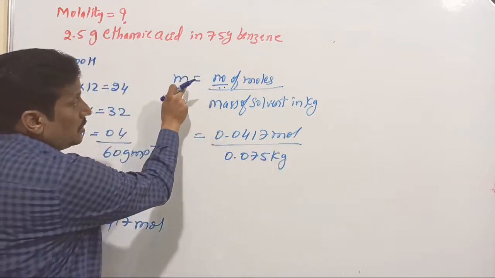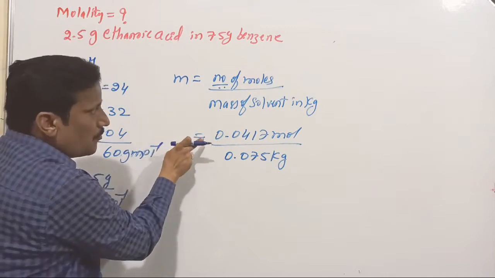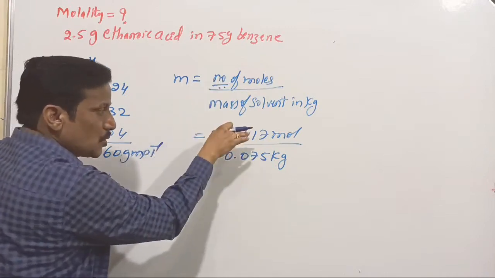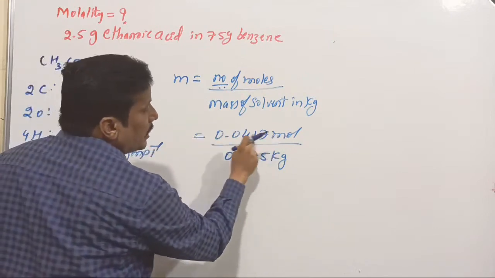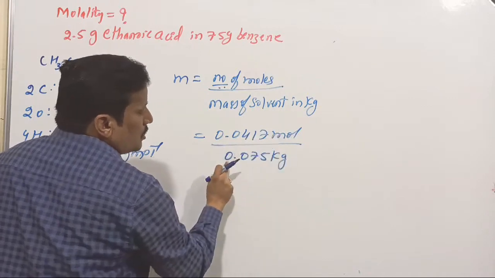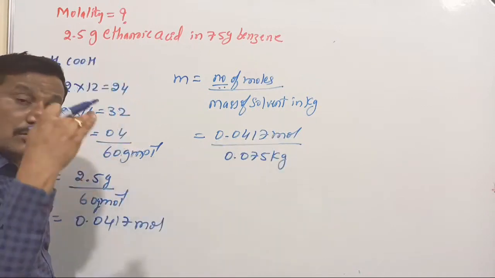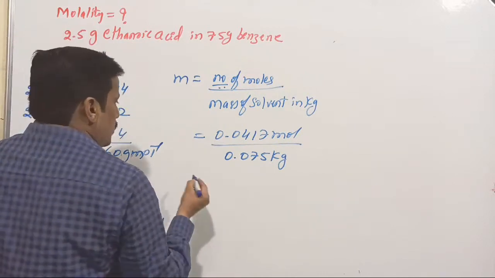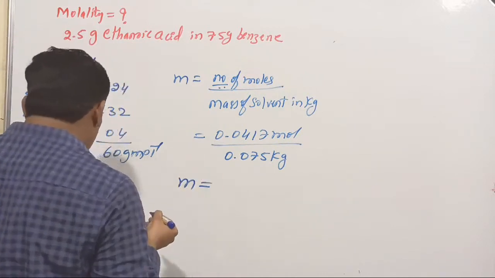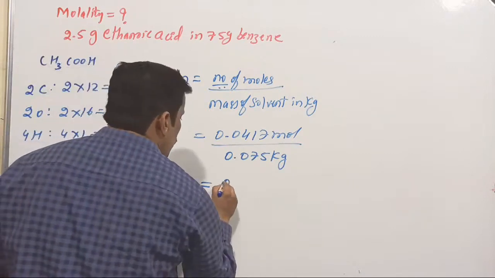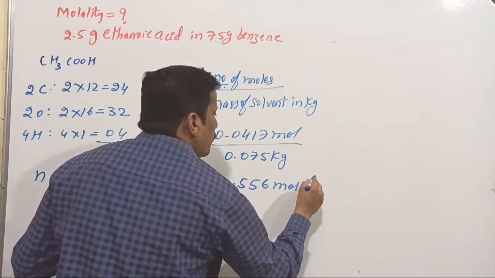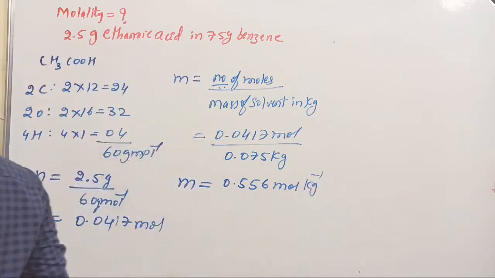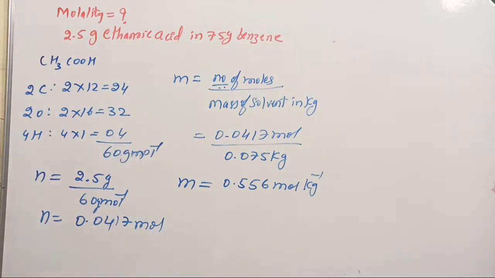Remember, this formula carries marks. Substituting the data in the formula carries marks, with the unit. That is why I am writing 0.0417 mole, 0.075 kg. After solving using a calculator, we get the answer 0.556 mole per kg.